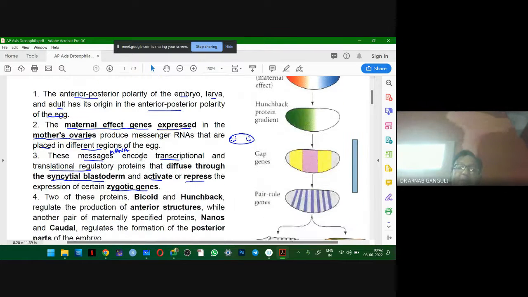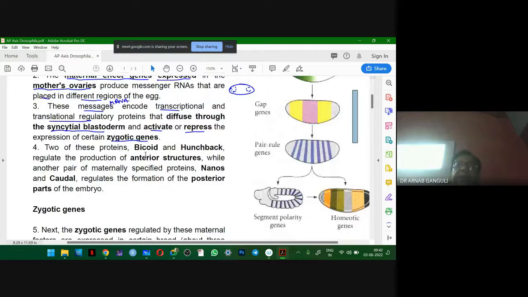Two of these proteins which enter after transcription and translation are bicoid and hunchback. They are responsible for the formation of anterior structures, the structures present in the anterior end. And nanos and caudal regulate the formation of the posterior parts of the embryo.